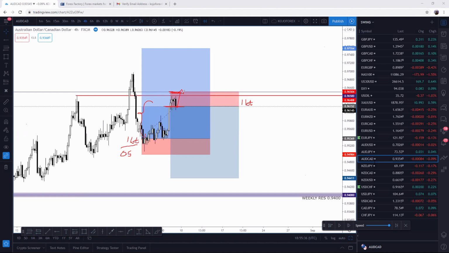And indeed, if the trade invalidates me by closing here, then it has potential of going further up. If it goes further up, that one lot that I lost here could be made back from that 0.5 that I'm still holding, right?